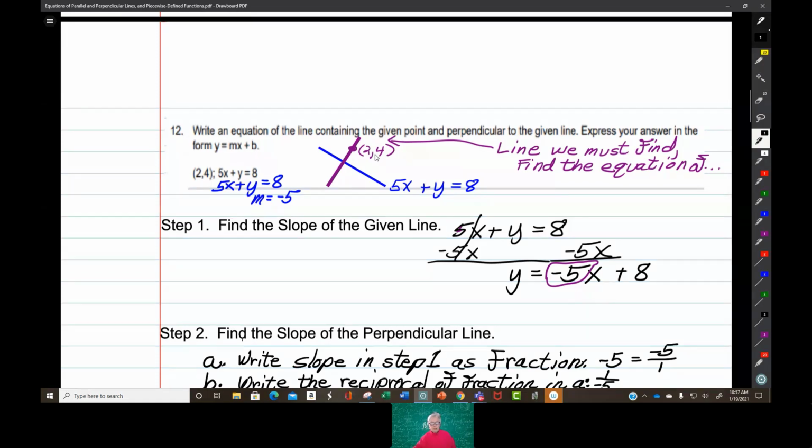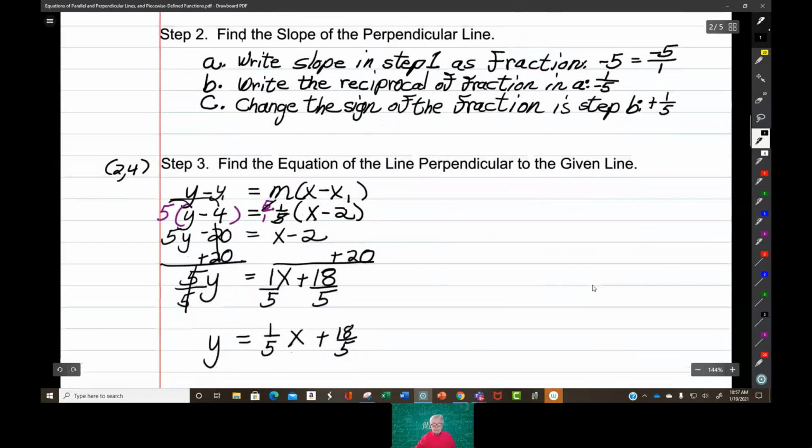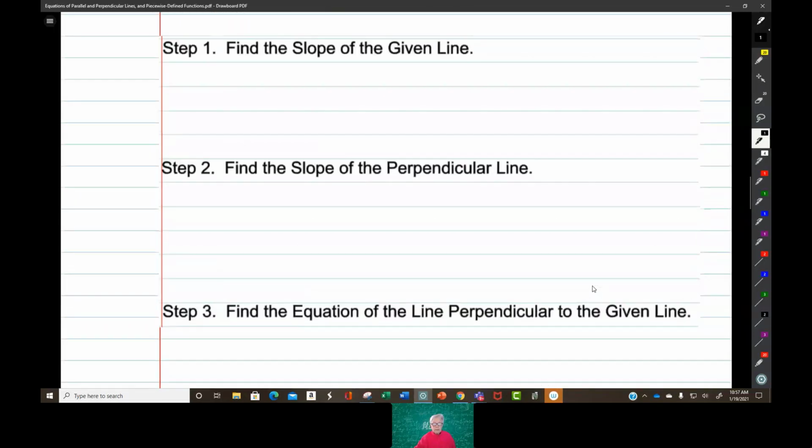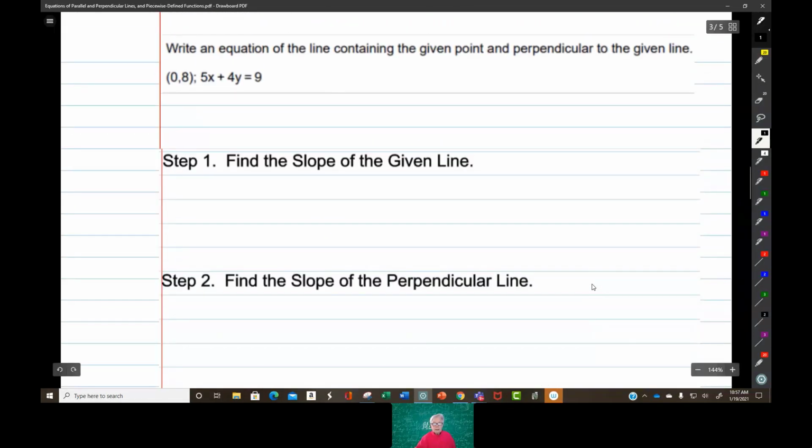Now let's do it again. All right, we've got 3 steps, and we're looking for a perpendicular line. Okay, the first thing we do is we find the slope of the given line.